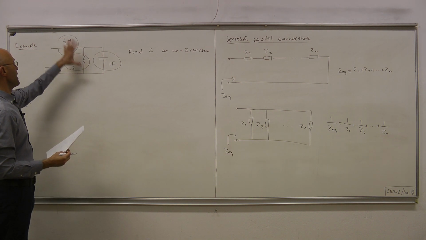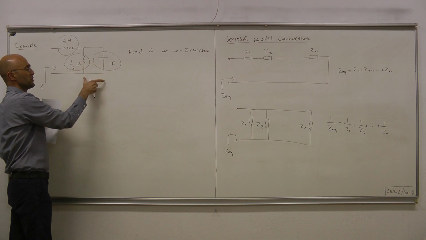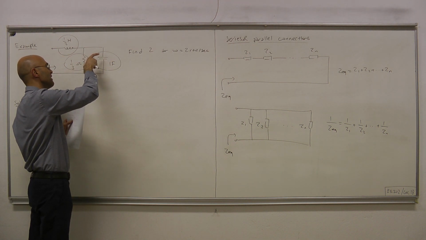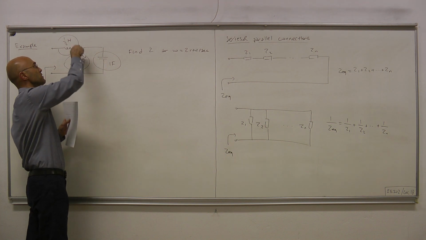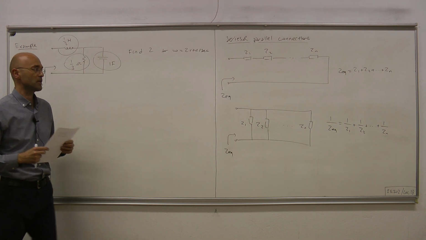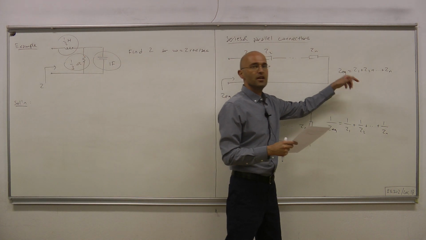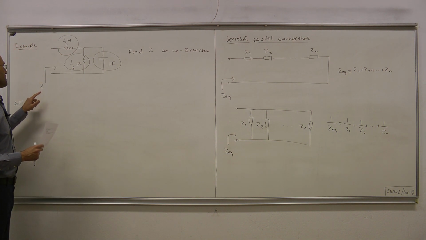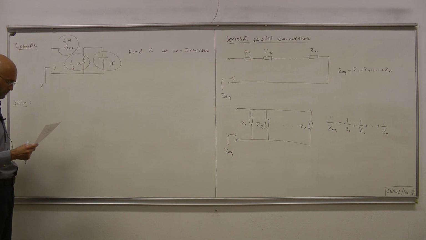Once we have those impedances, these two impedances are in parallel, so we can figure out the equivalent impedance, and then that impedance will be in series with the impedance of the inductor. By the series connection identity we can easily obtain the overall input impedance, the effective impedance for the one-port.